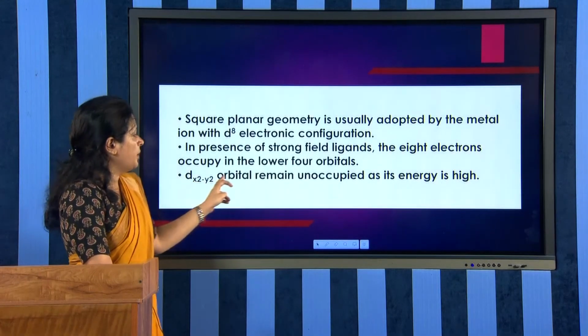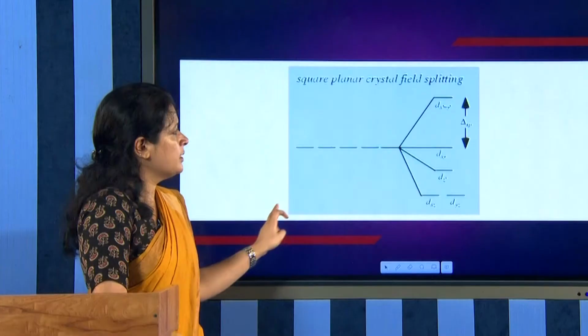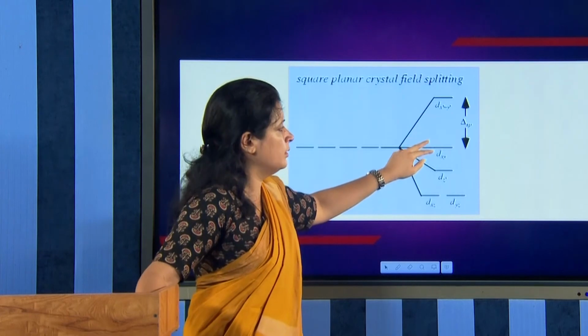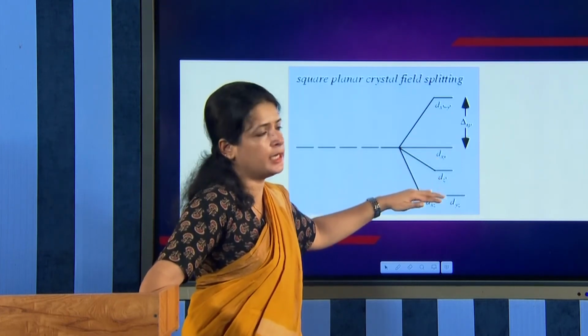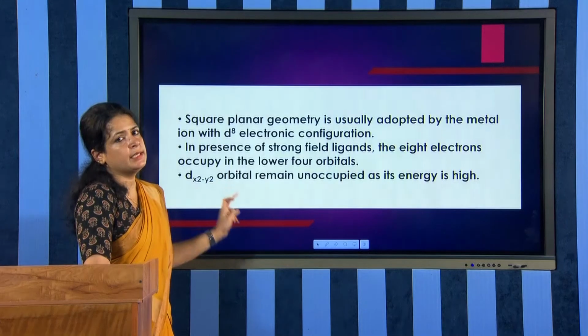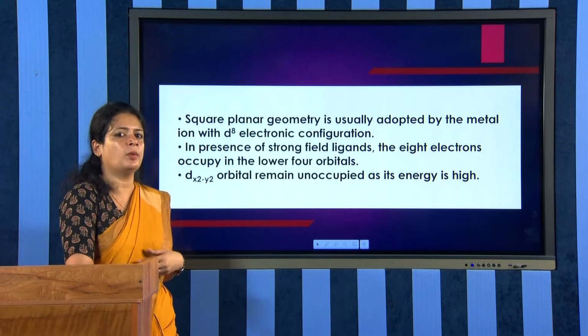The dx square minus y square orbital will remain unoccupied. Means, see this, delta sp will be greater, and in the d8 system we have only 8 electrons, they will occupy only up to dxy. This is the case of crystal field splitting in square planar complexes.